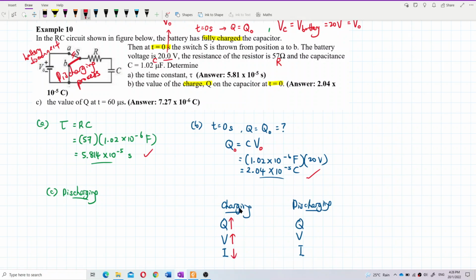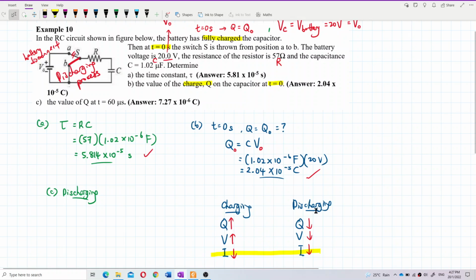Current will decrease no matter charging or discharging. This is something special. Only the charge and voltage are opposite between charging and discharging: in charging they increase, but in discharging they decrease.